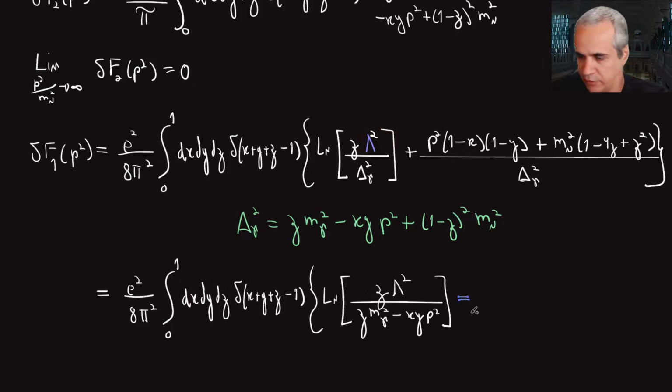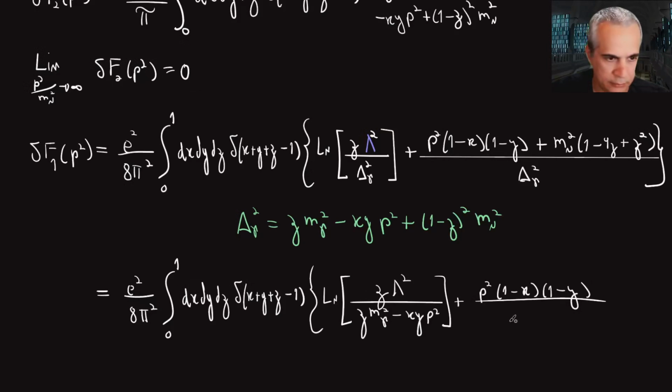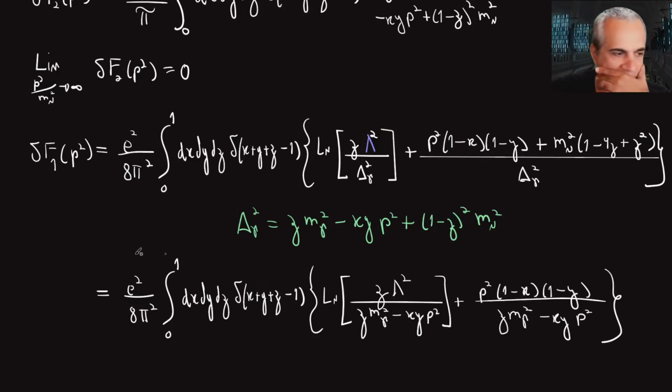I can write plus p square (1 minus x)(1 minus y) z m gamma square minus xy p square, right? So this is the expression we want to use.